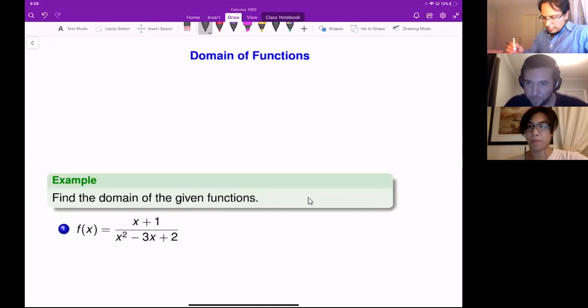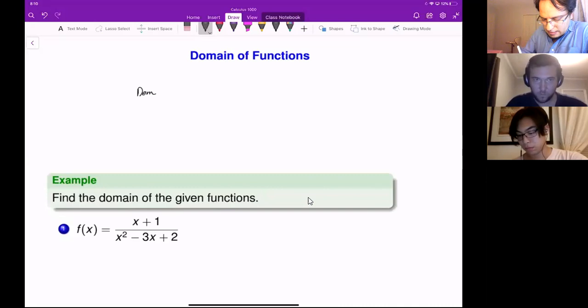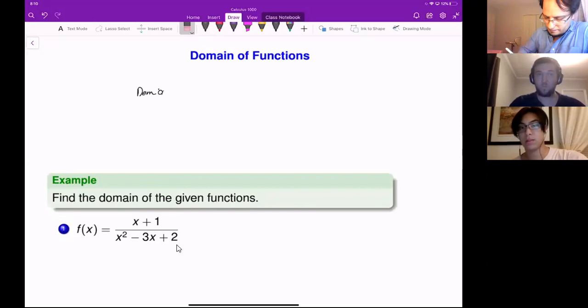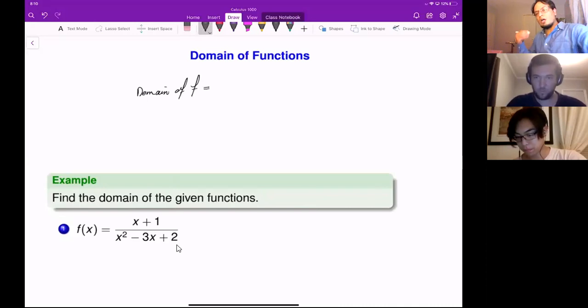Thanks. Okay, how about the domain? Well, domain is a fancy word. Domain of a function is a fancy word for what are the acceptable values of x.